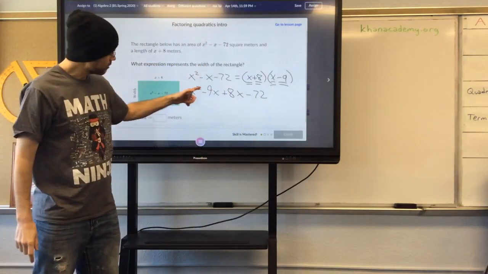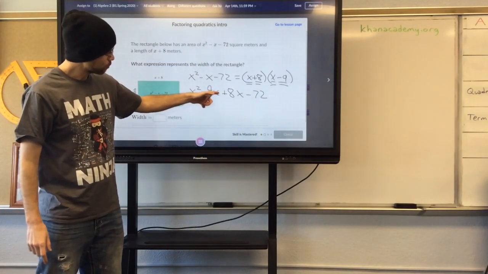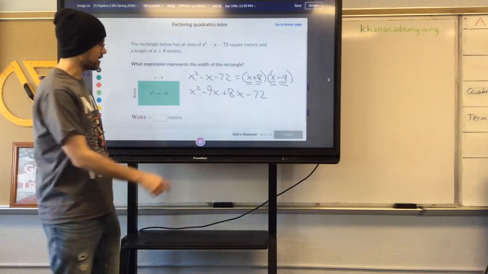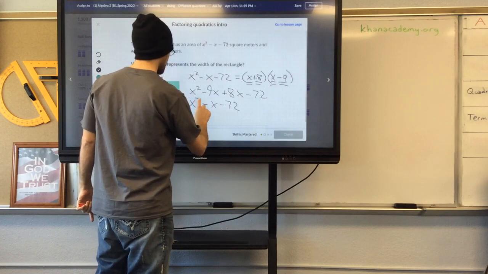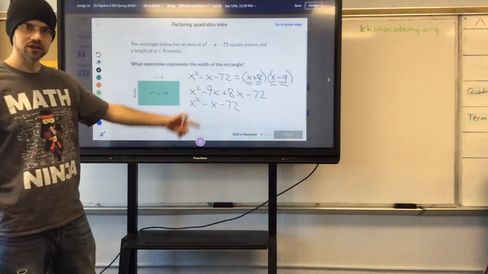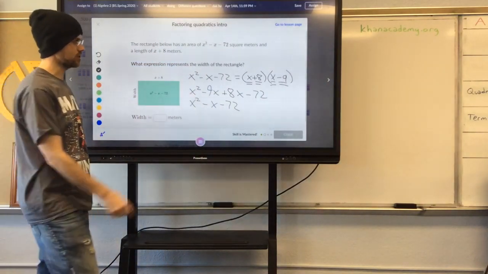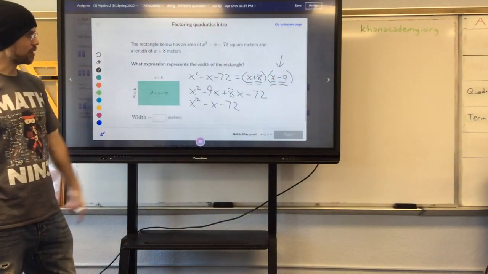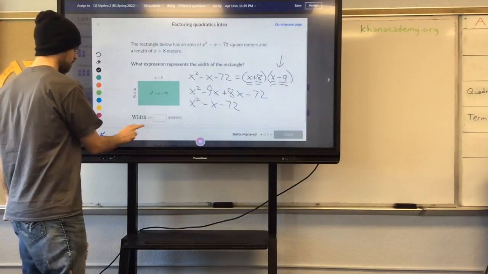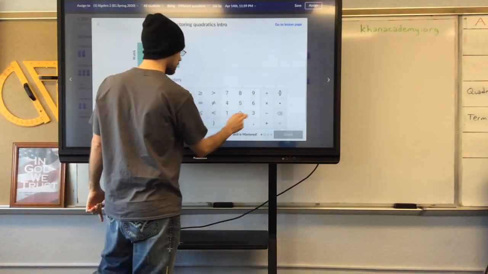Then I look here and I have negative 9x's plus 8x's. That's negative x. And everything lines up. Everything's the same as it was before. So this is this right here, this binomial. That's my width, x minus 9.